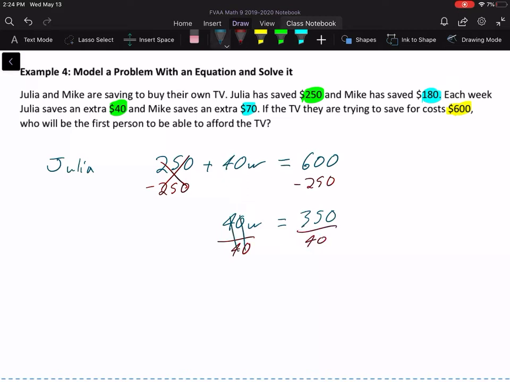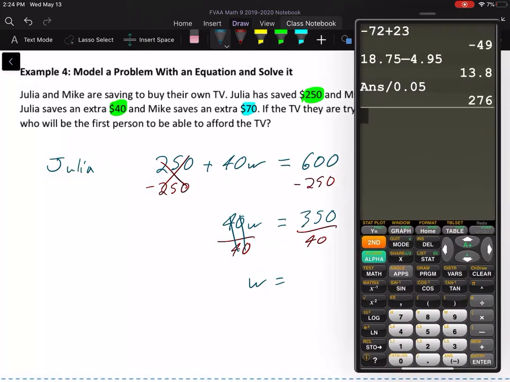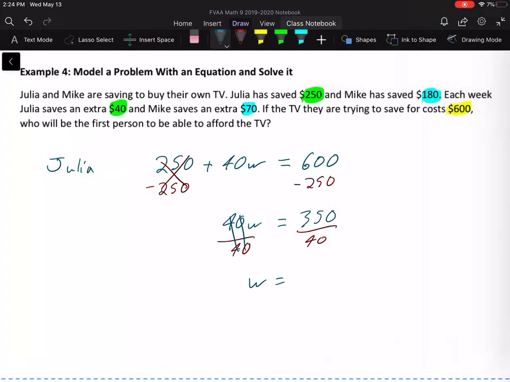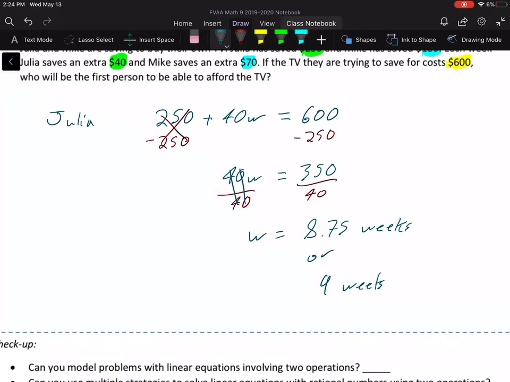That cancels that out. I'm left with 350 divided by 40, which is 8.75 weeks, or 9 weeks, because she's not going to put in that last $40 until the end of the week, is what we can assume. So that's Julia.